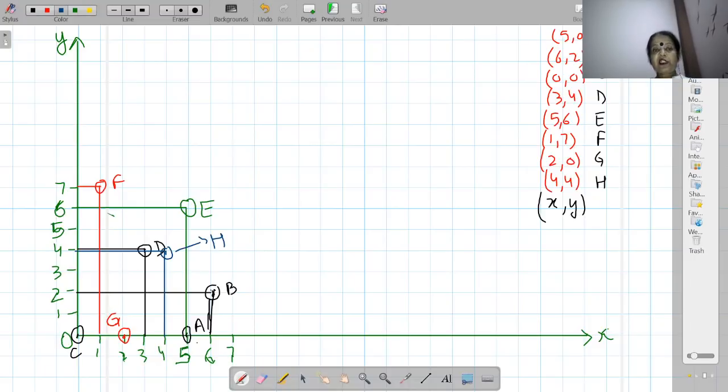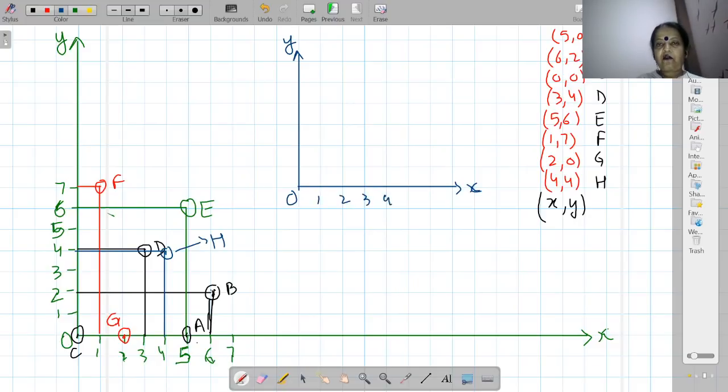Now instead of this, the question can be asked like this: if the points on the graph are already there, with x and y axes, the origin, and 1, 2, 3, 4, 5 marked the same way.